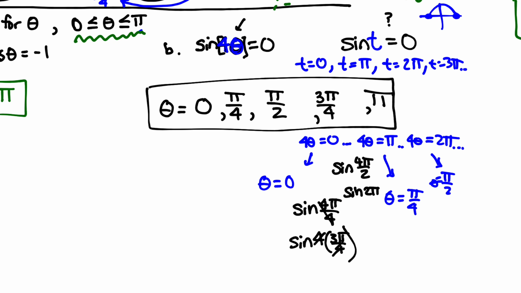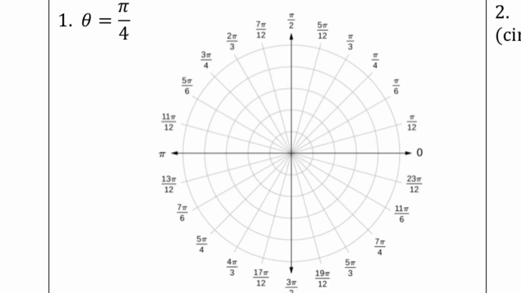Makes sense. This doesn't make any sense to you yet because we haven't played with polar graphs, which is our next step. I think what makes math hard is that as a math teacher, I have so many connections going on. Like when I'm teaching and talking to you about sine 4 theta equals 0, I'm pulling up a picture of a thing going through this, and I'm understanding what I'm saying to you, but you're just seeing sine 4 theta equals 0.